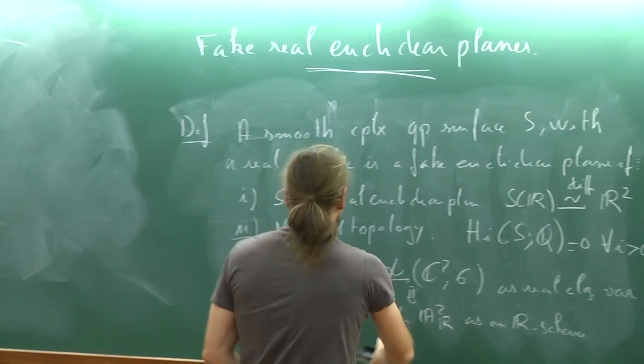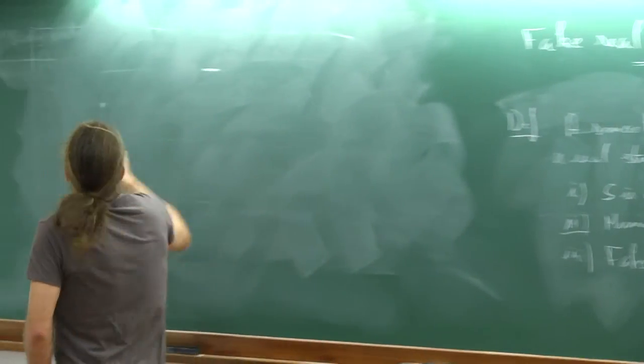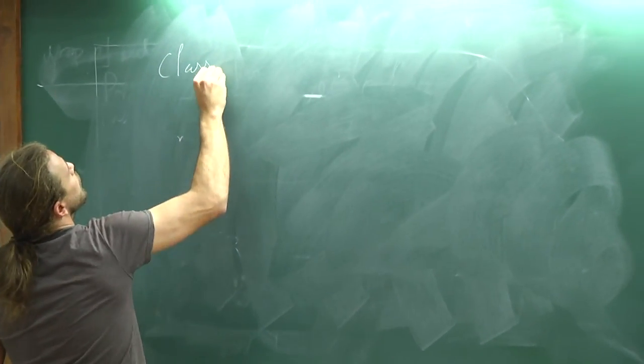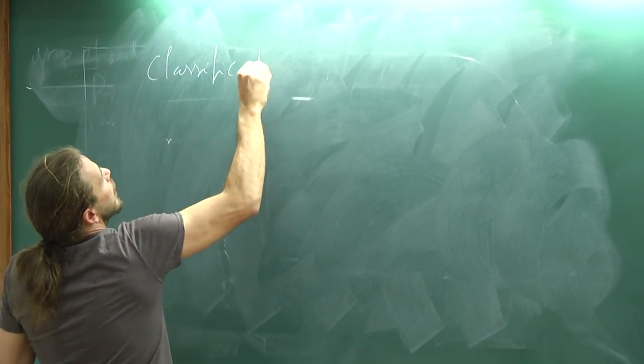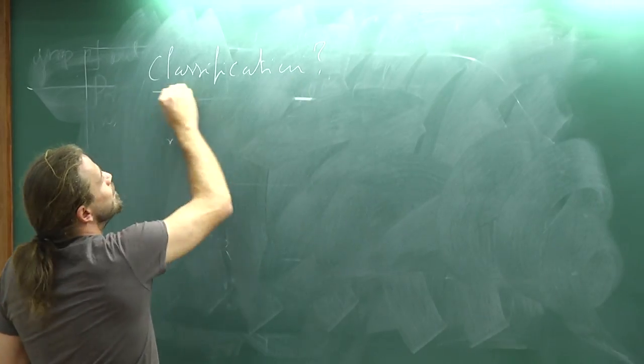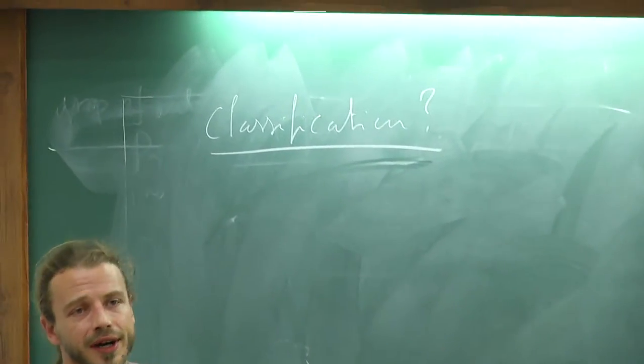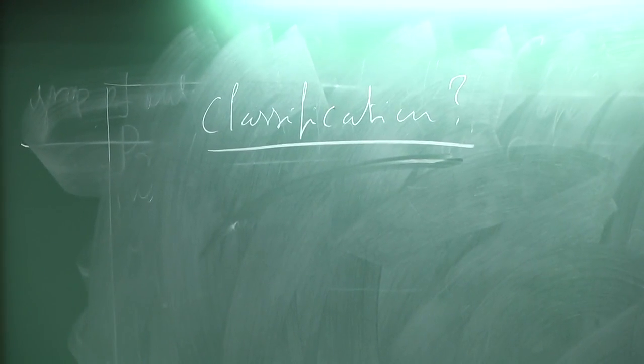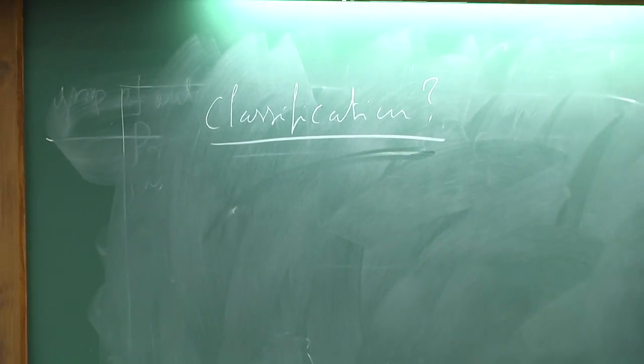Let me keep this. Now, classification. What do we want as a classification? There are two ways of thinking about the type of classification of such objects you would want.